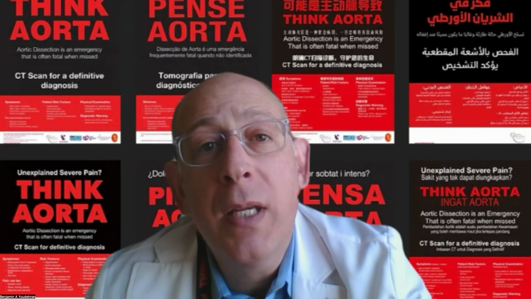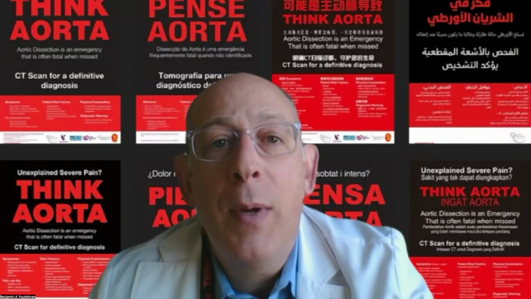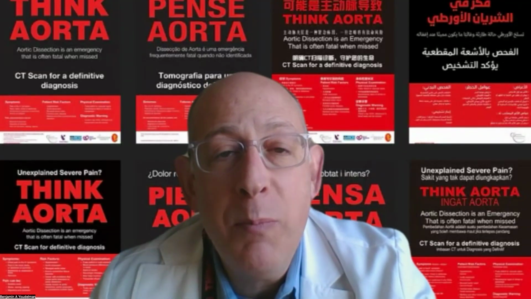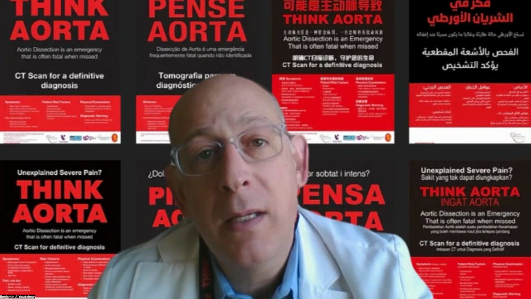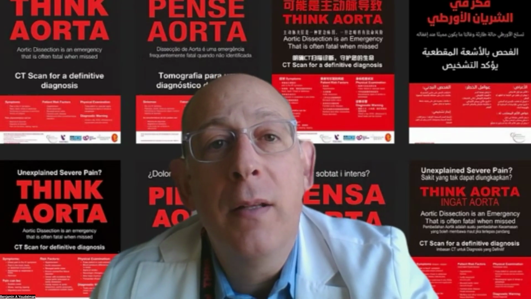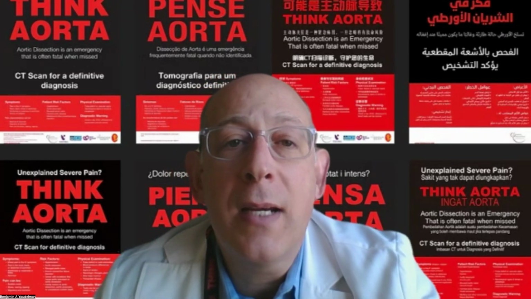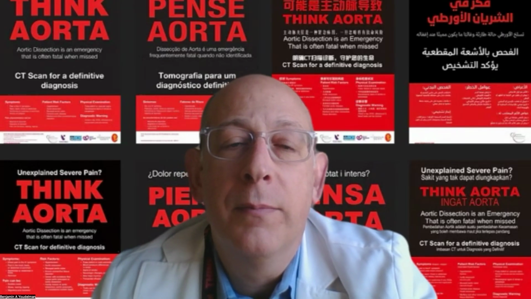So all the things we learned in medical school to some degree have to be put aside, and we have to think about it in terms of any patient with sudden onset chest pain who has a strong family history, who has a sign of malperfusion. Very, very high on the list would be aortic dissection, and they need to go off to the CAT scanner to get a contrast CT.